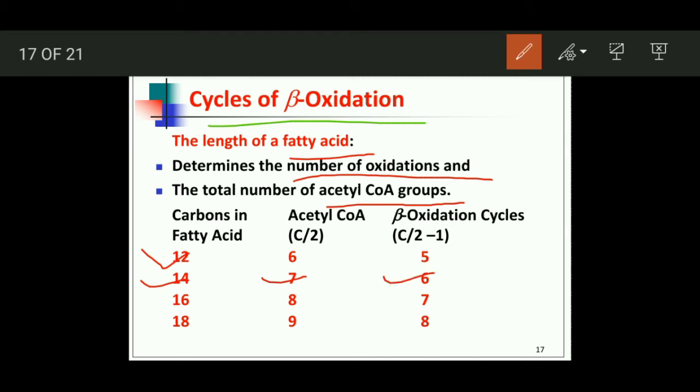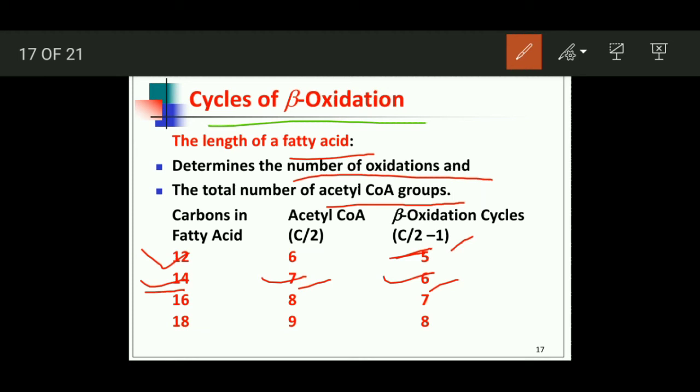Now let's see how it came. Acetyl coenzyme A is nothing but half the number of carbons. As you can see, 14 halved is 7. And the beta oxidation cycles means how many cycles are to be repeated in the process. For that, you have to subtract 1 from half the number of carbons. As we have obtained, 14 divided by 2 is 7, minus 1 is 6.